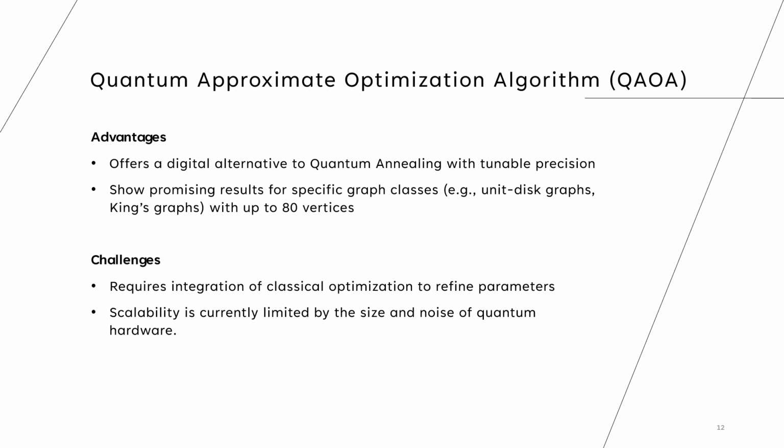On the other hand, this method requires the integration of classical optimization techniques to refine the variational parameters like gamma and beta, and this adds computational complexity. Also, scalability is a challenge because of limitations in the size and noise level of the current quantum hardware.